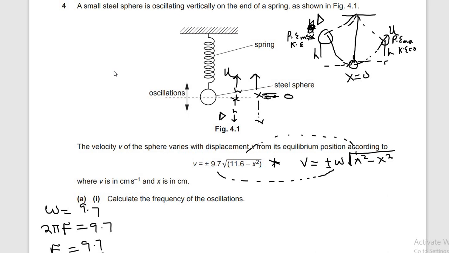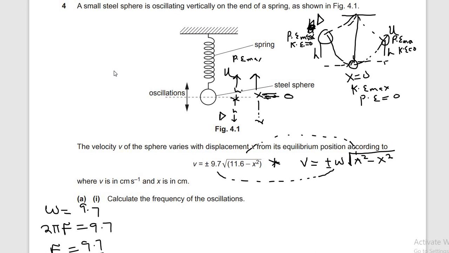At maximum height, velocity is 0, so no kinetic. At the equilibrium position, kinetic energy is maximum and potential energy is 0.